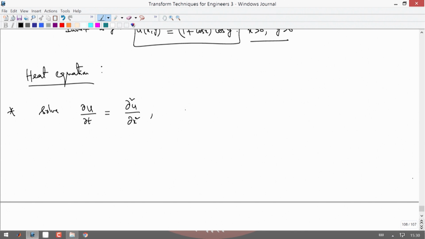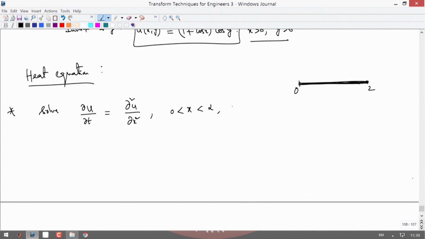Let me use this domain as x between 0 and 2. So, you have a thin rod of length 2, this is 0 and this is 2, and u is the temperature of this rod governed by this heat equation, if you know PDEs.